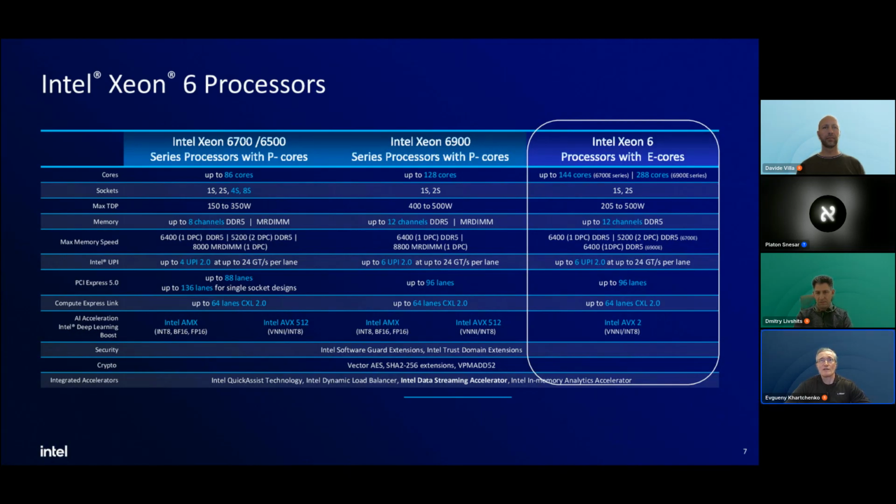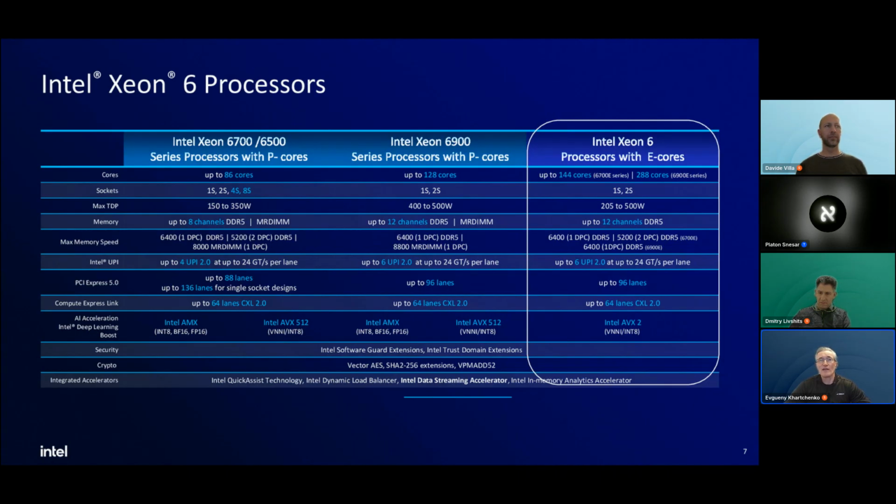If you look at the next column, this is the P-cores advanced product line, advanced performance. Here you can get up to 128 cores, 1 or 2 socket solutions, up to 500 watts, and up to 12 channels of DDR or MRDIMM, and MRDIMM can reach 8800 megatransactions per second.